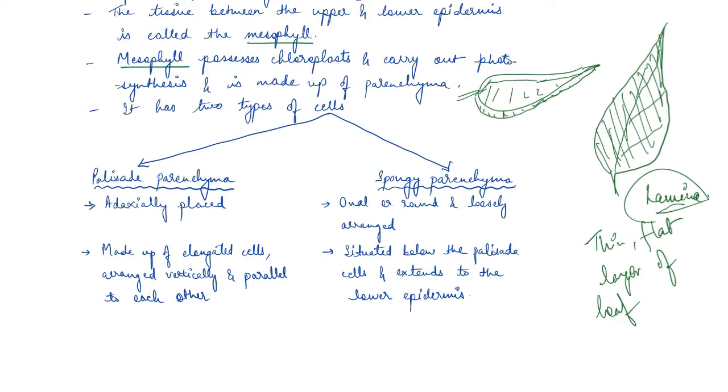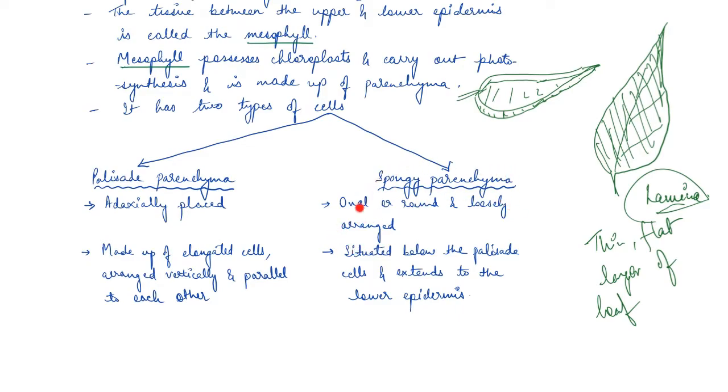Now, what about the other one? The spongy parenchyma are oval or round and are loosely arranged. So the palisade cells are vertically arranged parallel to each other and are elongated, while spongy parenchyma are oval or round and loosely arranged.